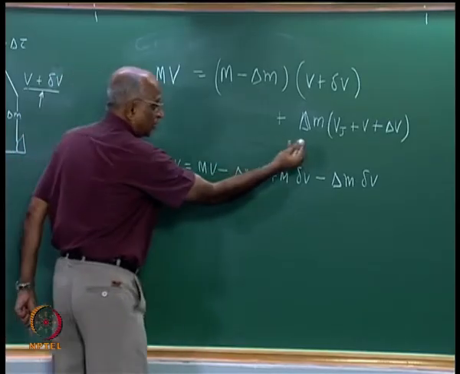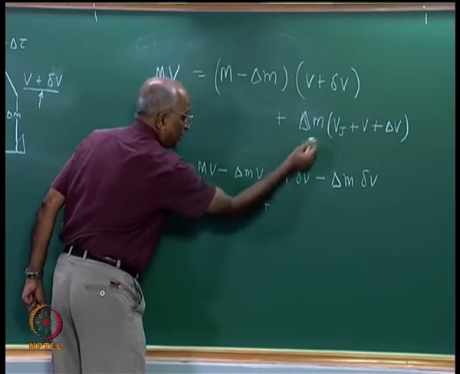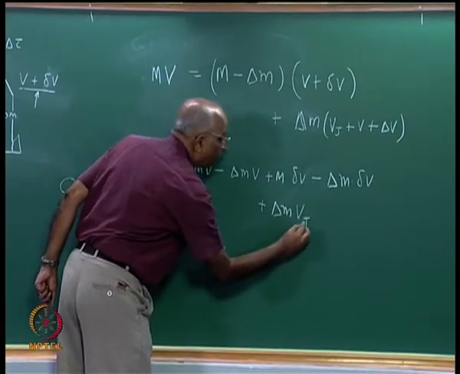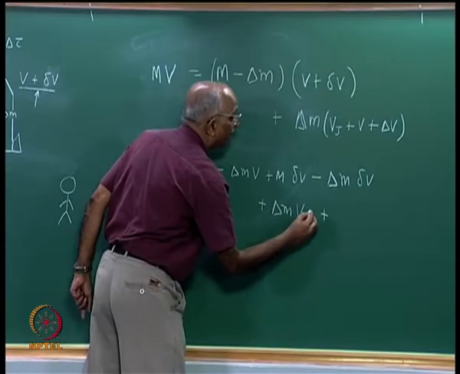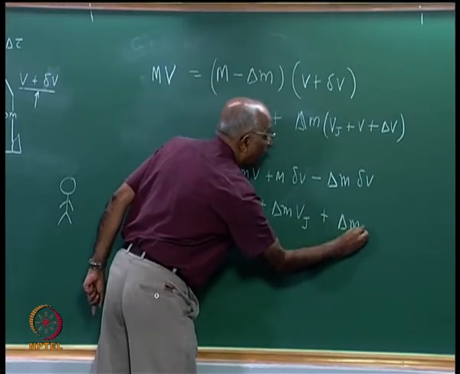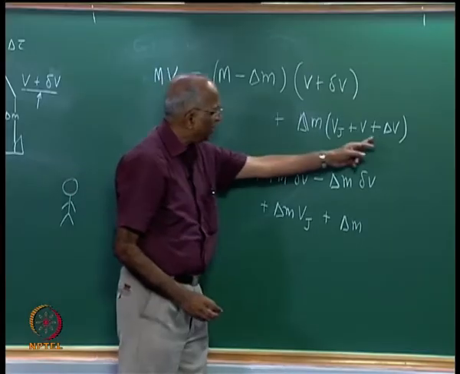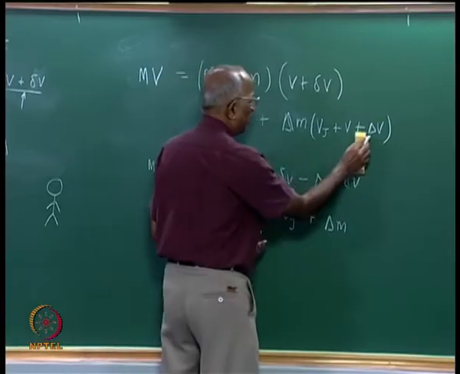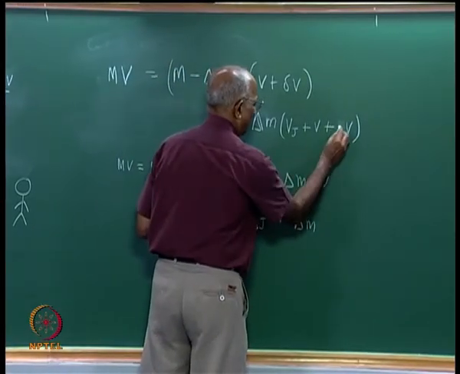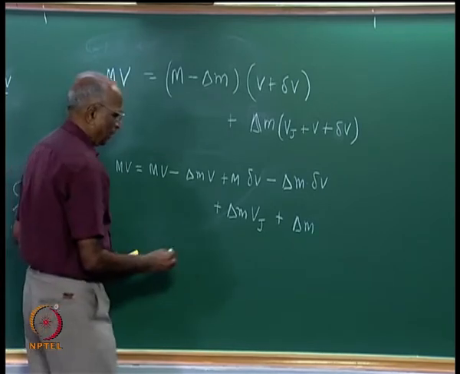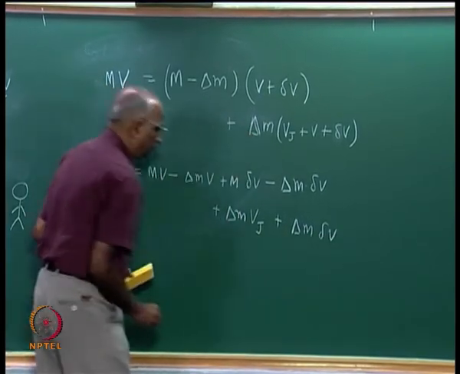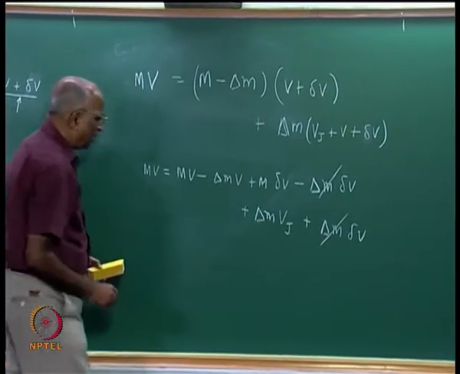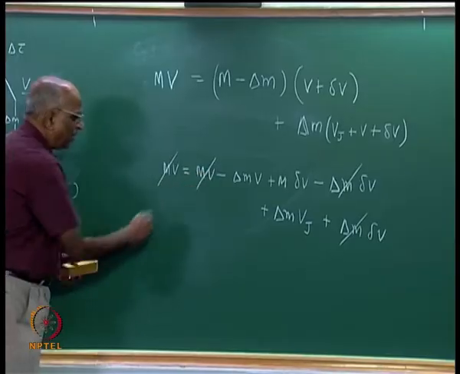Now, from this set of equations I get plus, from this term I get delta m into Vj, plus delta m into, see I should have written here small delta, right, that is the value which I said, because we should have been independent, because I want to reserve the capital delta for something else. Therefore, delta m into delta v, and now I find that this delta m delta v cancels, Mv cancels.